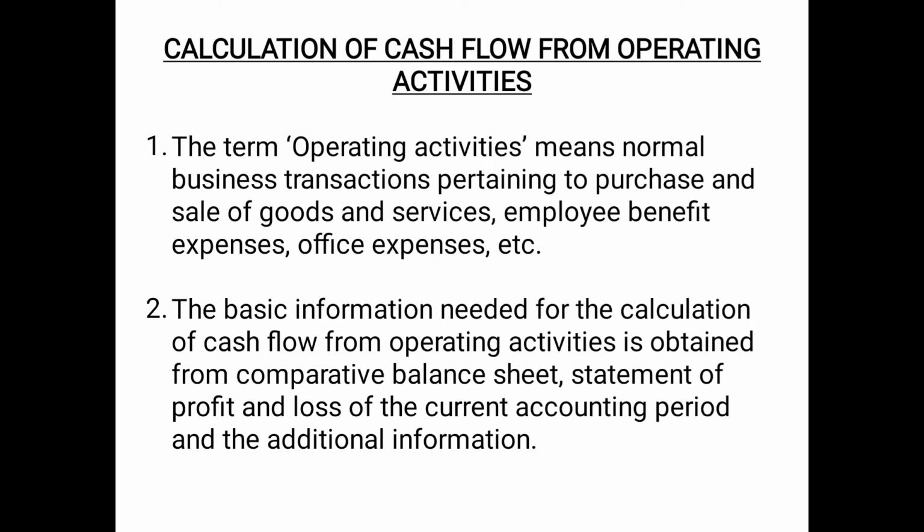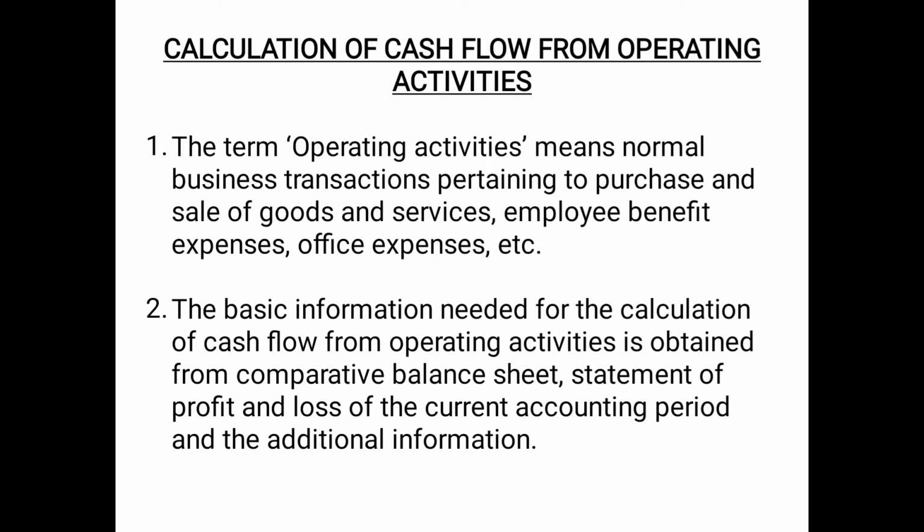The term operating activities means normal business transactions pertaining to purchase and sale of goods and services, employee benefit expenses, office expenses, etc. So operating activities involve all those transactions which are related to normal day-to-day business activity, including purchase and sale of goods and services, employee benefit expenses such as salaries, wages, bonus, commission, office expenses, etc.